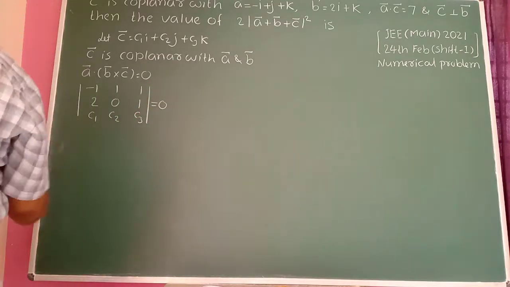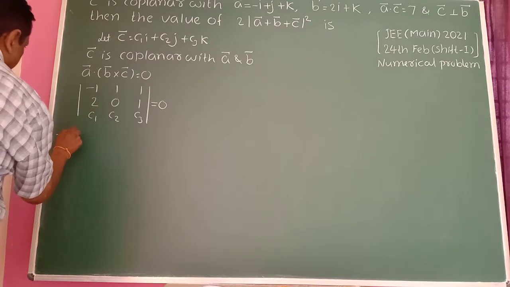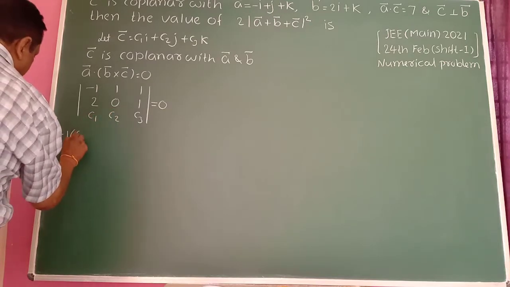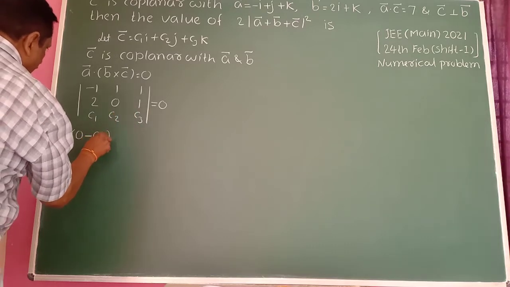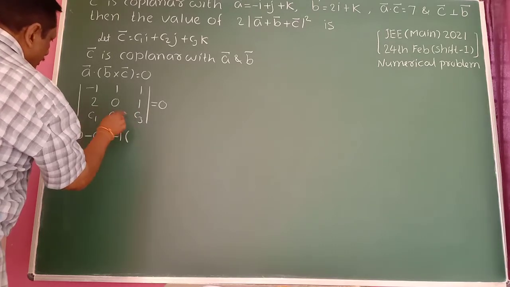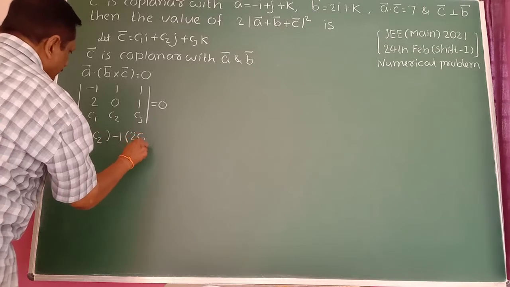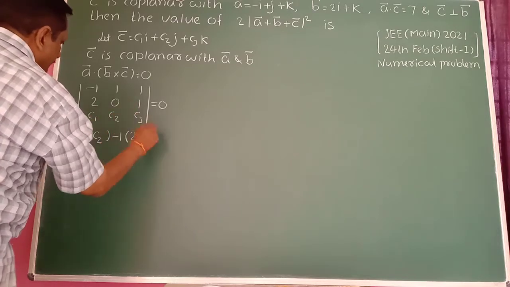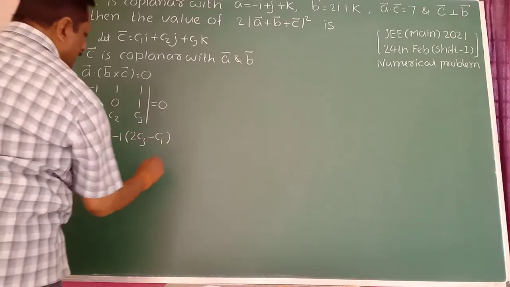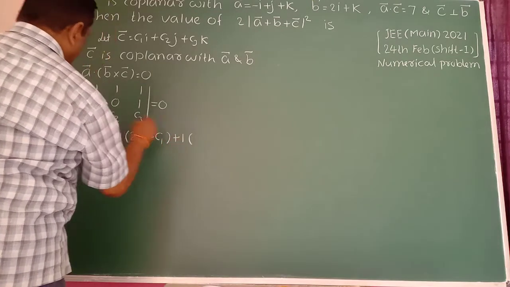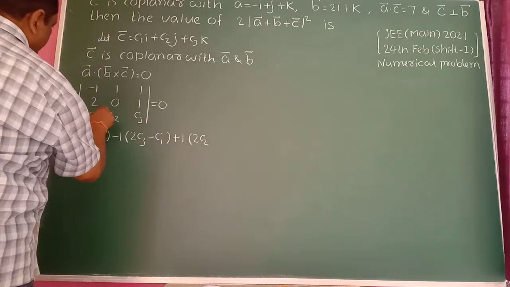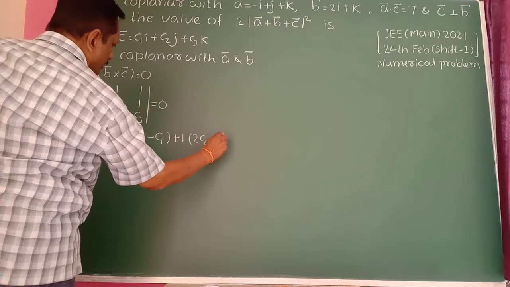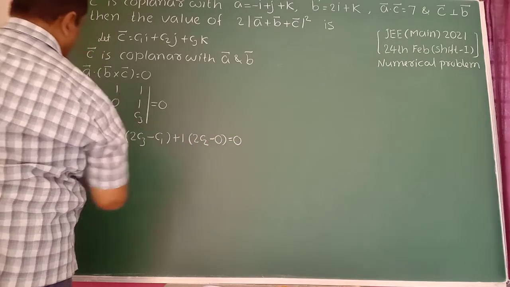Expanding it: minus of 1 into 0 into C3 becomes 0, minus of C2 into 1 becomes minus C2; minus 1 into 2 C3, so minus 2C3; plus C1 into 1 becomes C1; plus 1 into 2 into C2 becomes 2C2, and C1 into 0 becomes 0, equal to 0.